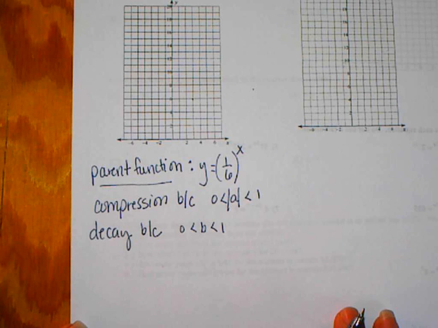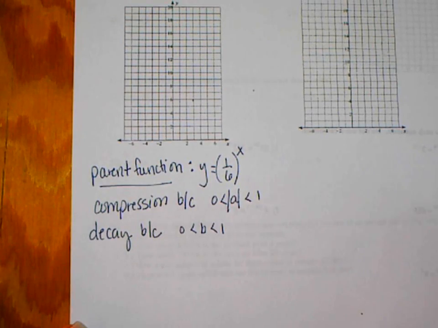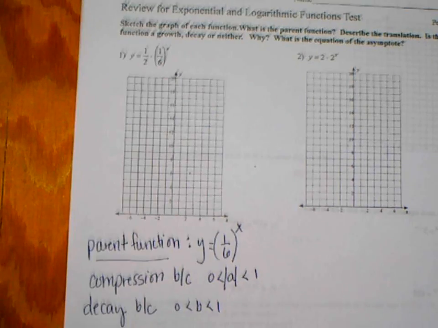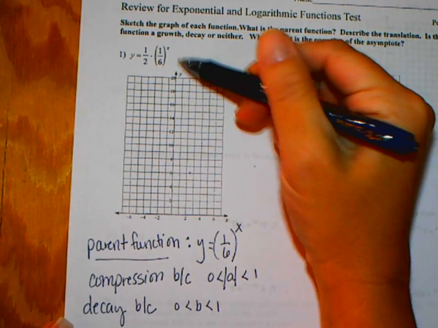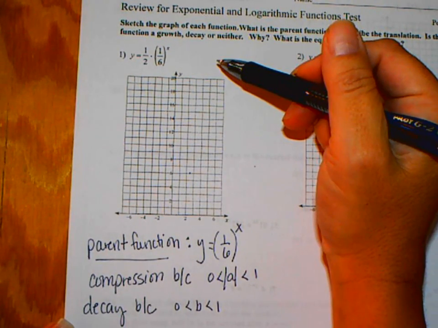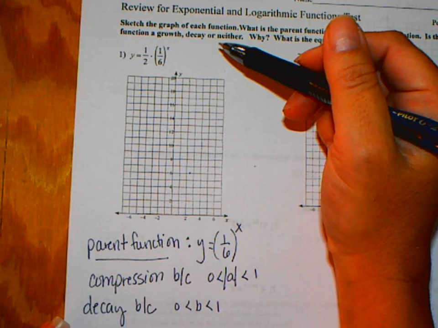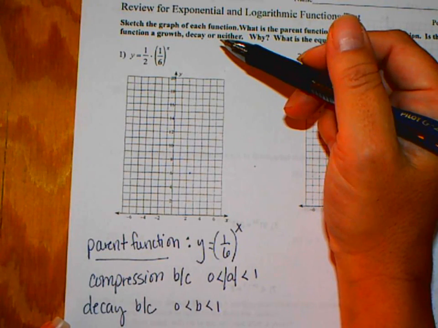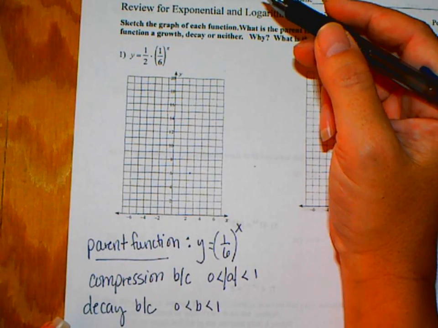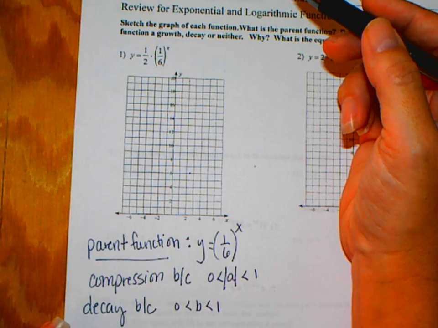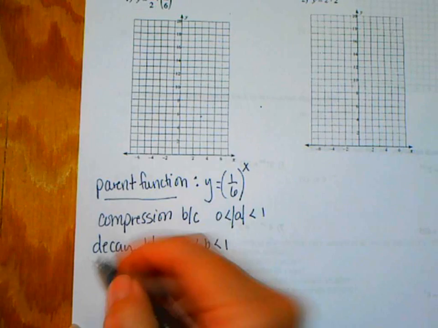What's our asymptote going to be on this one? Remember, this is an exponential function. So exponential functions have horizontal asymptotes, right? Does this have a k? No, so that means k is 0. So what's the equation of our asymptote? y equals 0.